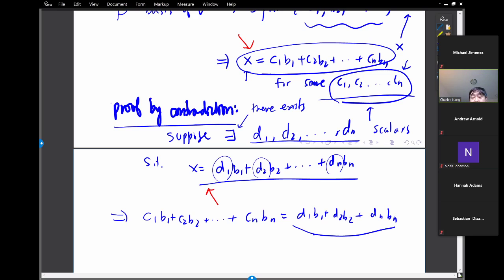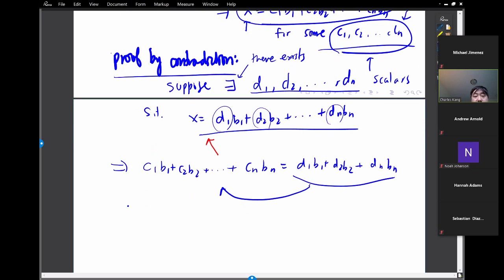And if I move all of this to this side, then we get (c1 minus d1) b1 + (c2 minus d2) b2 + ... + (cn minus dn) bn must be equal to 0.